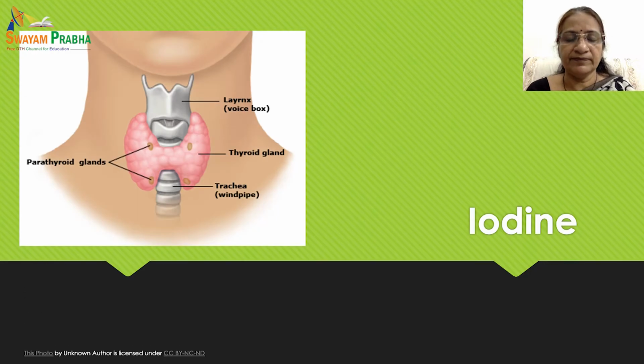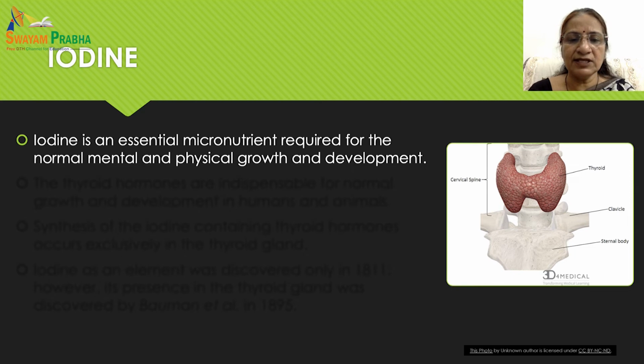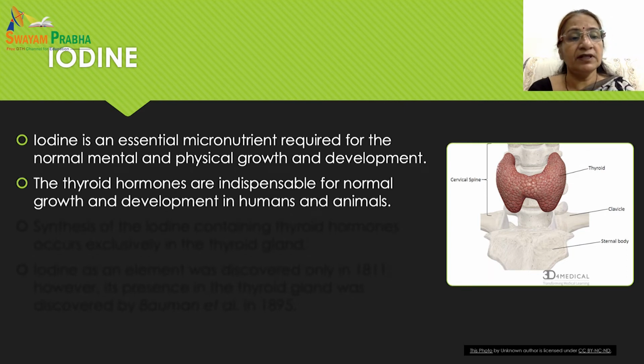Now, iodine. Iodine is an essential micronutrient required for the normal mental and physical growth and development. The thyroid hormones are indispensable for normal growth and development in humans and animals.